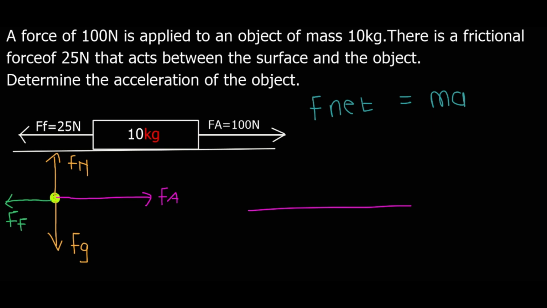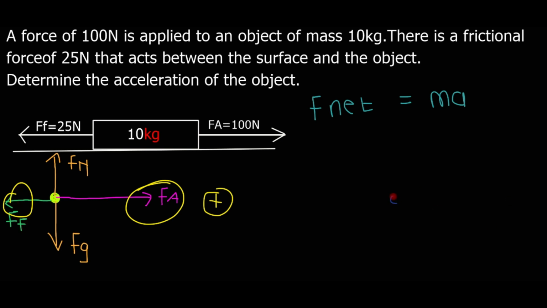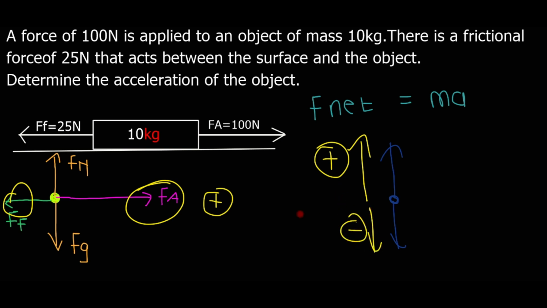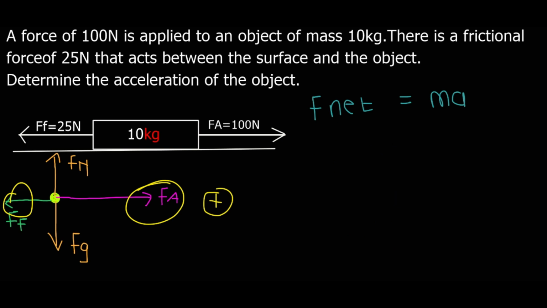Here our object is going to the right, and the force applied is to the right, so the force applied is positive and the frictional force is negative. If an object is going upwards, then the forces that are up are positive and the forces that are downwards are negative. So for this problem, force applied will be positive and the frictional force will be negative.